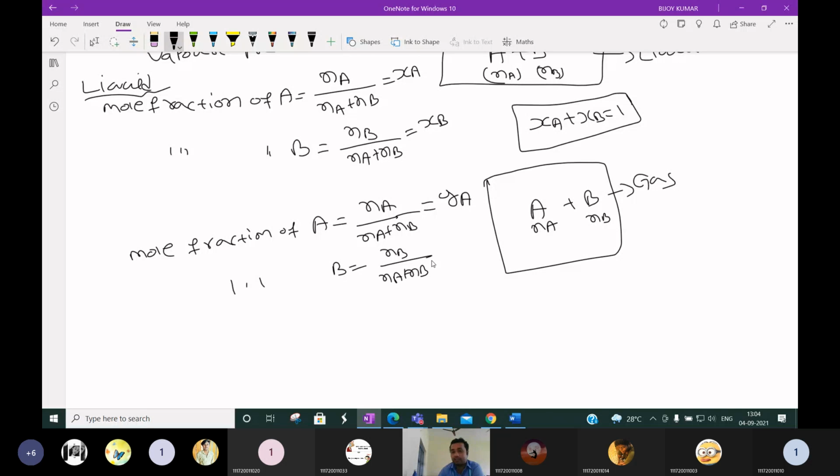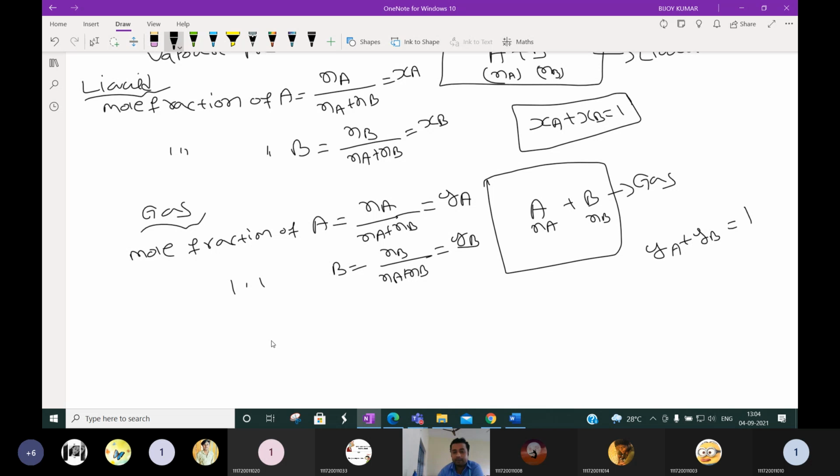Same situation, the formula is the same, but the notation will be different. If the constituents are in the liquid state, the mole fraction is represented by Xa and Xb. If they are in the gaseous state, it is represented by Ya and Yb. So Ya plus Yb is equal to 1.